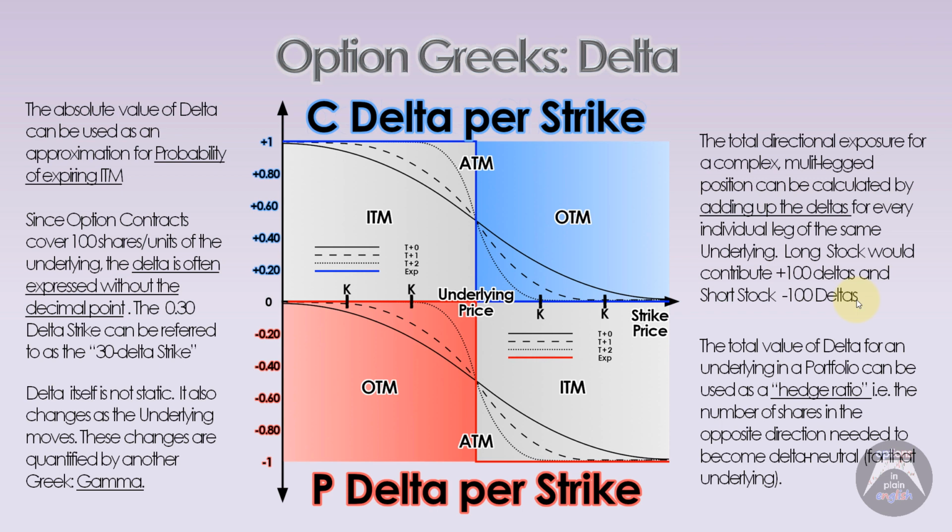So if we summarize what delta can be used for, number one, it can be used to quantify how much money you're going to make or lose as the underlying price changes. Number two, it could be used as a proxy for the probability of expiring in the money. And number three is the hedge ratio. It's the number of shares that you would need to become delta neutral.